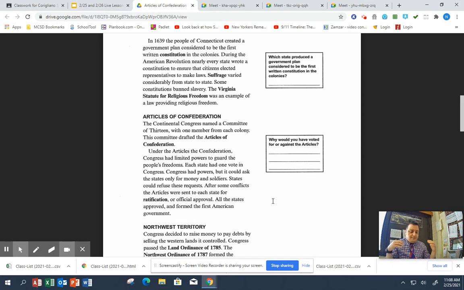And the money to run the government and the army to defend the national government came from the states. And the states could refuse to send those things to the federal government, which proves that the states had more power than the federal government did.